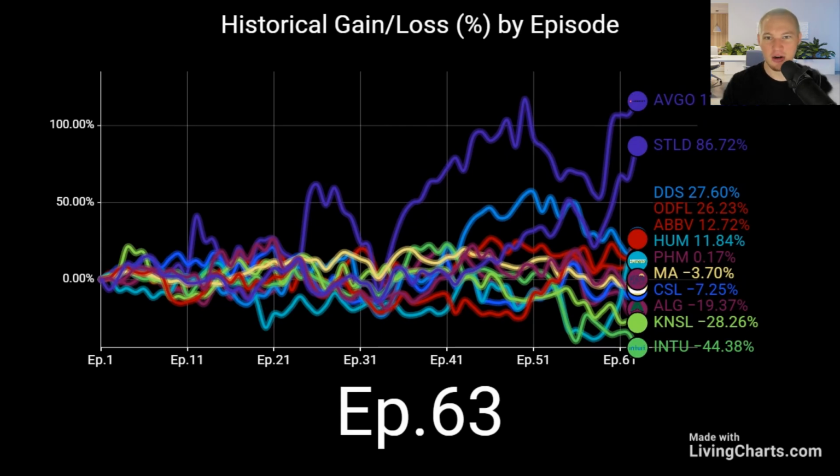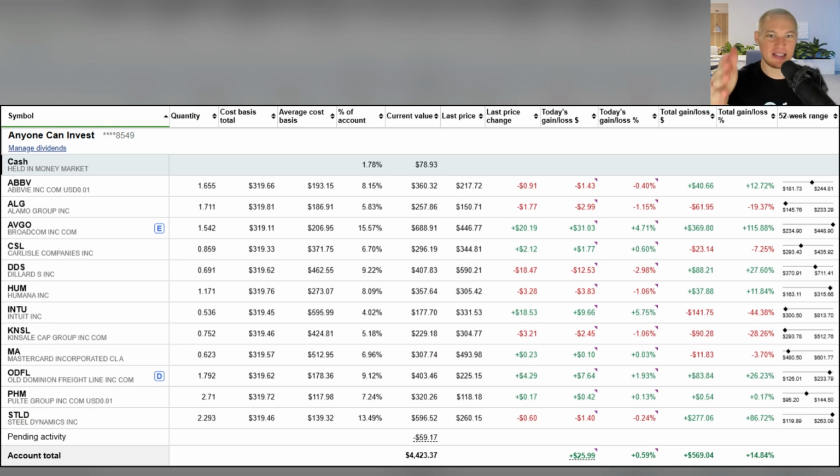So there's that chart. And then the next one here is the best and worst performers. This is all time. This is where these stocks currently sit, and this is the screenshot that you guys will see in 2 weeks as the previous episode. Currently the largest, or best performer, I should say, is still AVGO, Broadcom. We have 1.5 shares of that. It is up $369.80 or 115.88%.